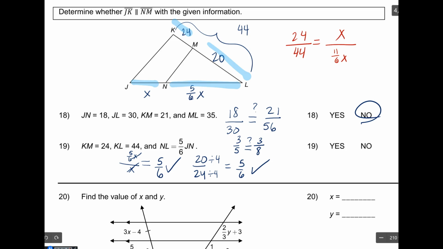The x's cancel out here. So 1 divided by 11/6. Dividing by a fraction is the same as multiplying by the reciprocal, so 6/11. This right here should simplify to 6/11 if I divide both by 4. So we have the same ratio. The ratio I got the first time may not be the same ratio you got, but when I set up my proportion, both of them are showing me that it's equal.